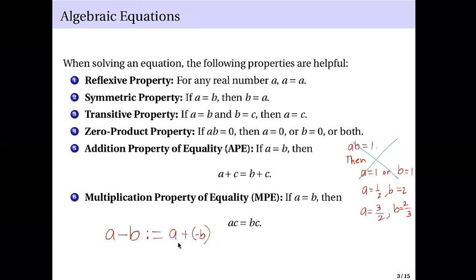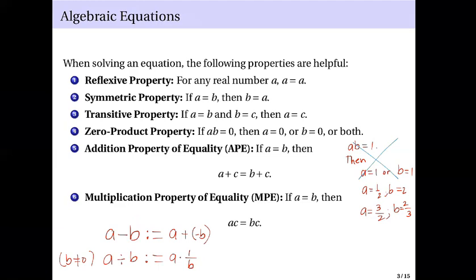So subtraction is defined as follows. A minus B is defined as A plus the negative of B. And similarly, A divided by B, provided here B is not equal to 0, is defined as A times 1 over B. So if B is not equal to 0, then B will have a reciprocal.